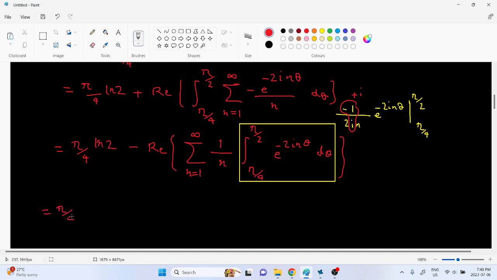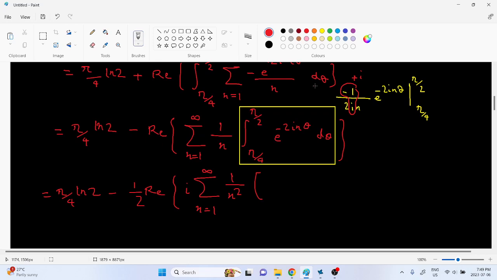So this becomes pi by 4 times natural log of 2, and I have minus half of the real part of i times the series as n runs from 1 to infinity. We have a factor of n here, a factor of n there, so that makes n squared. And then we have e to the negative 2i n theta evaluated from pi by 4 to pi by 2. And that is e to the negative i n pi minus e to the negative i n pi over 2.